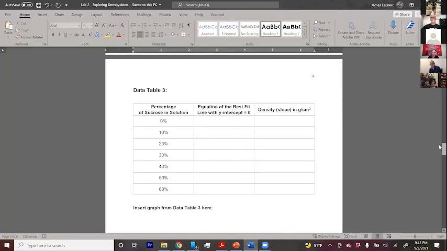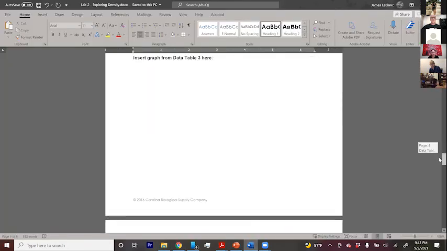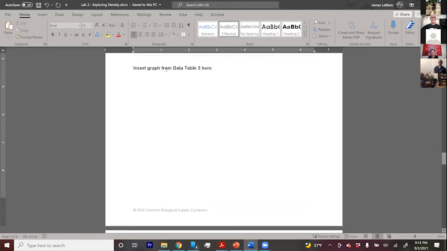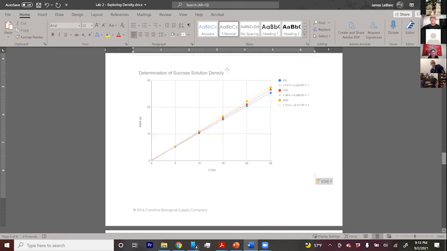So here's insert graph from table 3 here. So I would delete this. And there you go. Just paste it in there. Okay, and that's it. Then you're done.